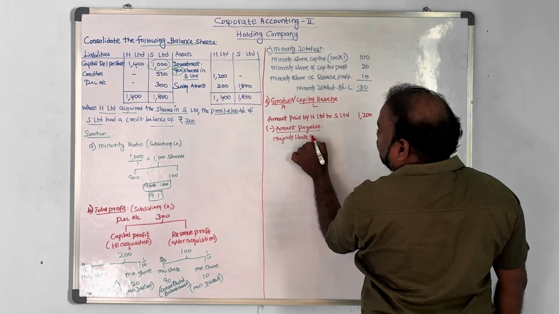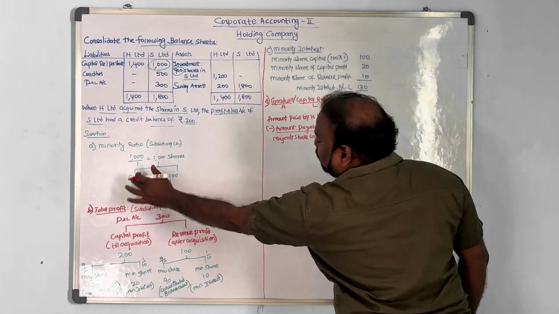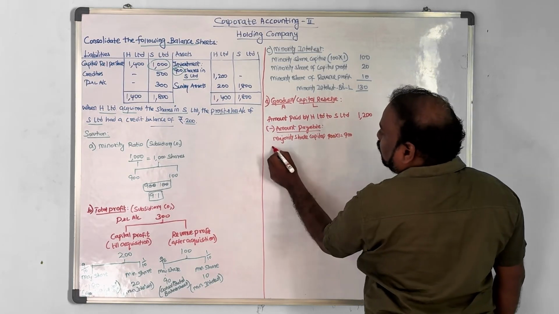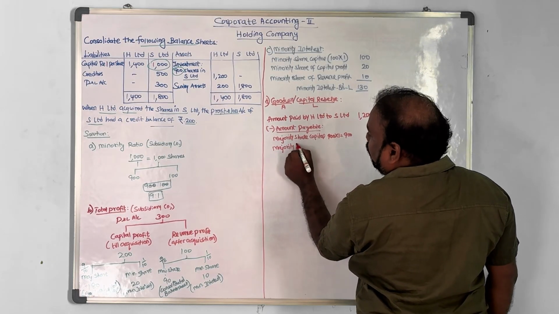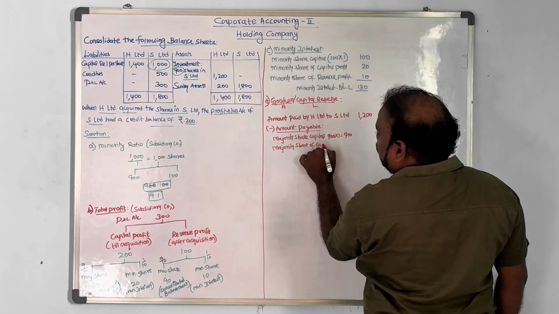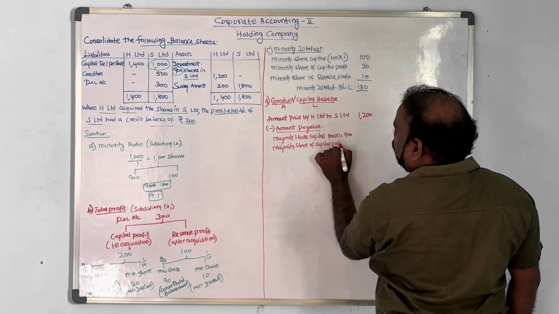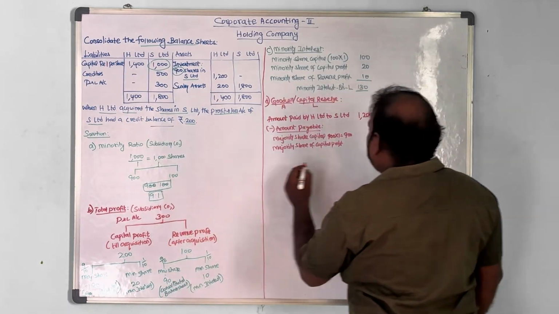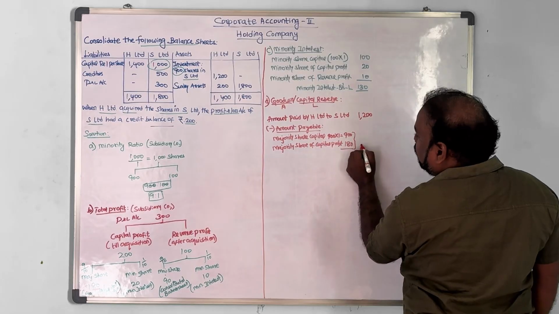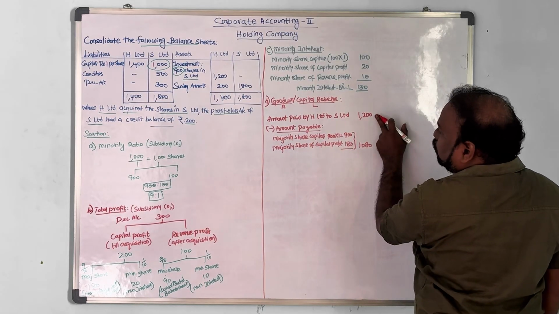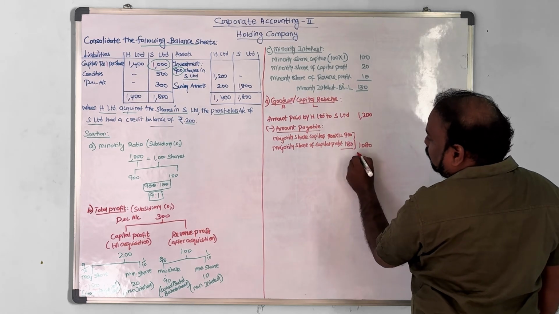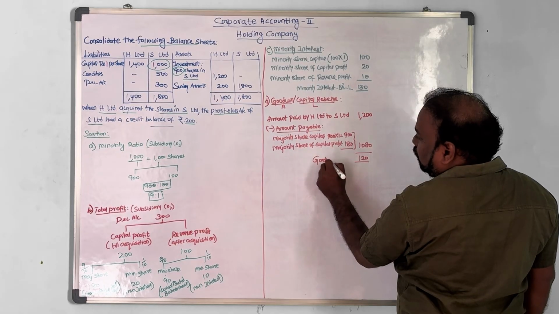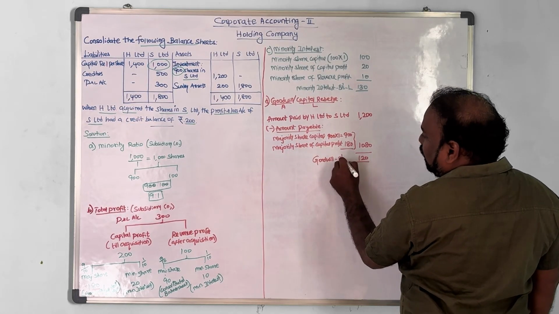Majority share is 900 shares, the face value is 1, 900 into 1 becomes 900. Then majority share of capital profit is 180. When you add, you get 1080. We paid 1200, but we were supposed to pay 1080. We paid 120 more. When you pay more, it is called goodwill. So it will come in the balance sheet on the asset side.